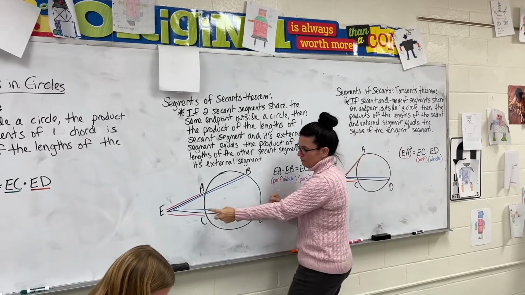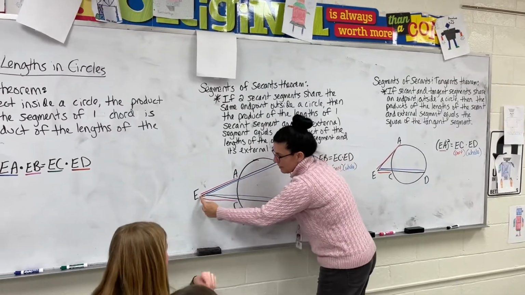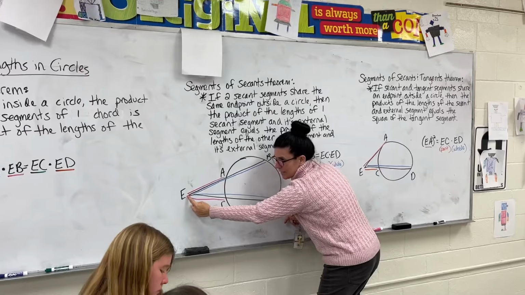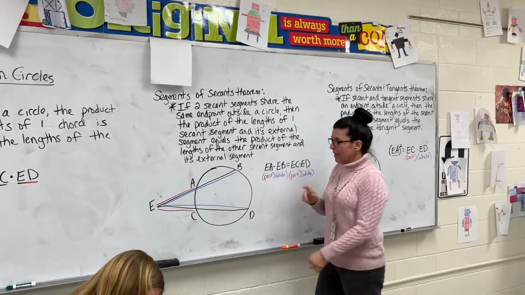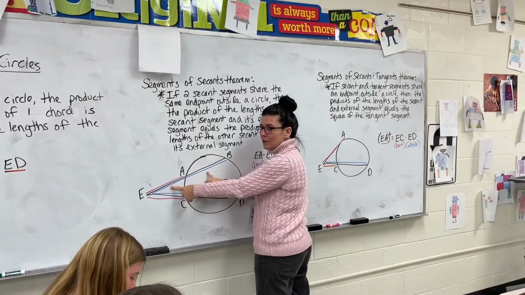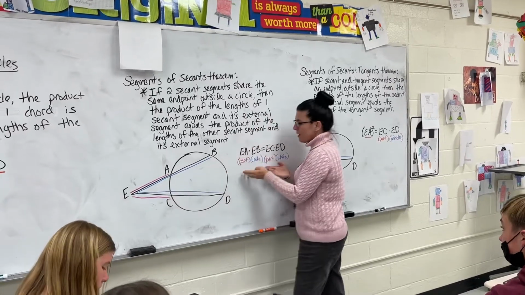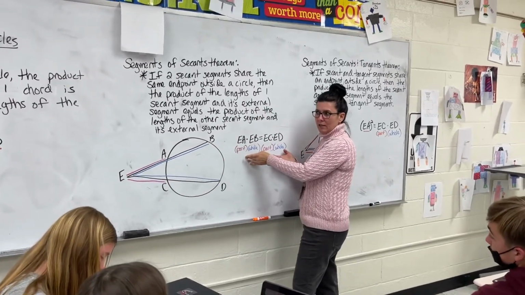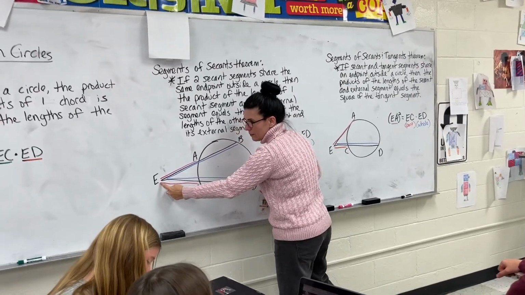Looking at my picture, we would do EA times EB and then EC times ED. Be really careful with this, because the biggest mistake you're going to make is if they tell you that this is 2 and this is 4, you have to add those together to find the whole length. It's not a hard idea, but when you're multiplying for your formula, it's easy to make mistakes. So again, it's part times the whole, part times the whole.